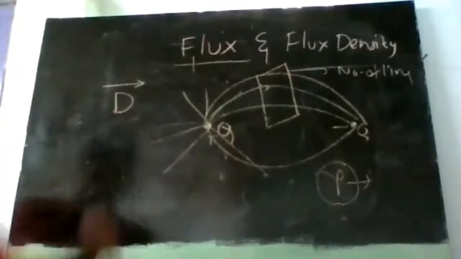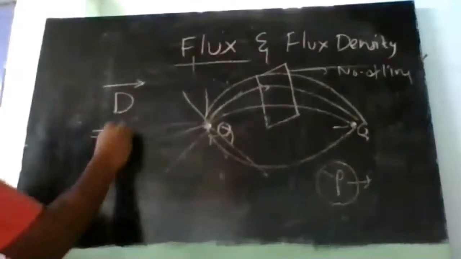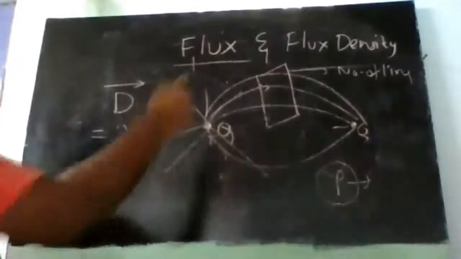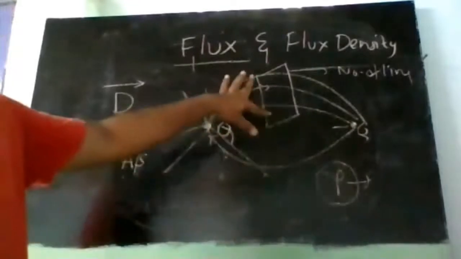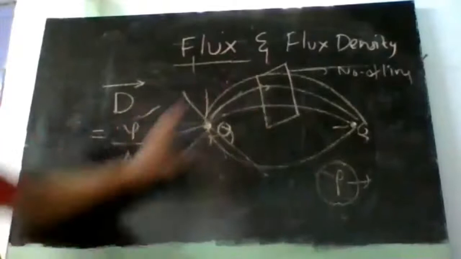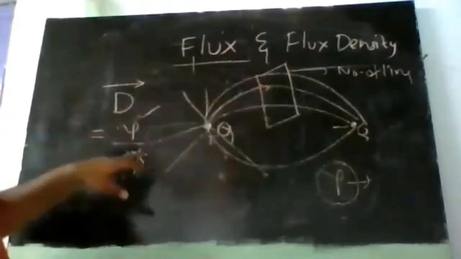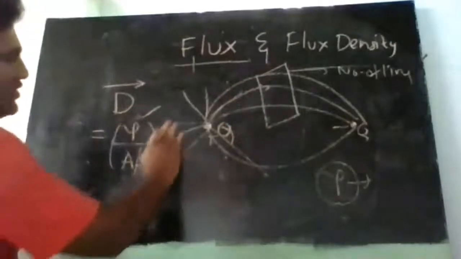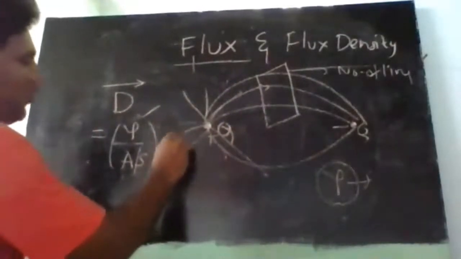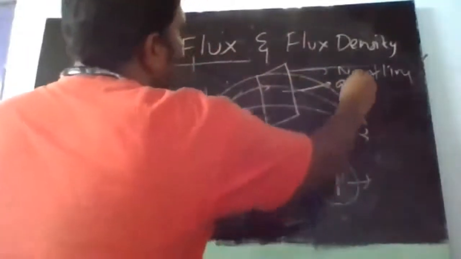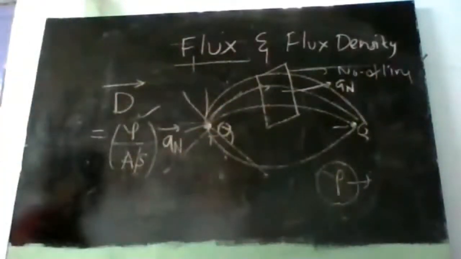Generally we write D bar as psi by A or S, that is, the number of lines passing divided by the surface area of the object, and this is the magnitude. It also needs direction. So what is the direction? The normal direction. So a n bar represents the direction normal to the surface.